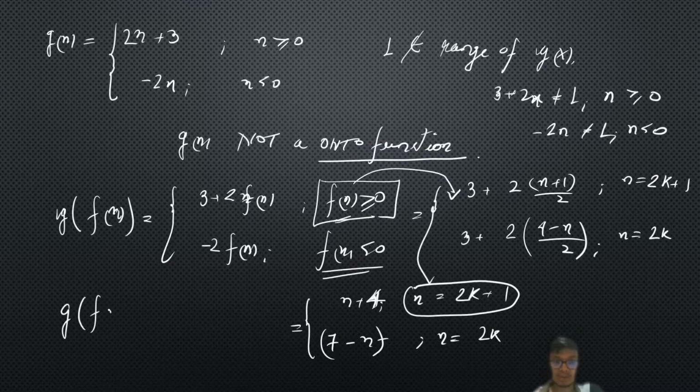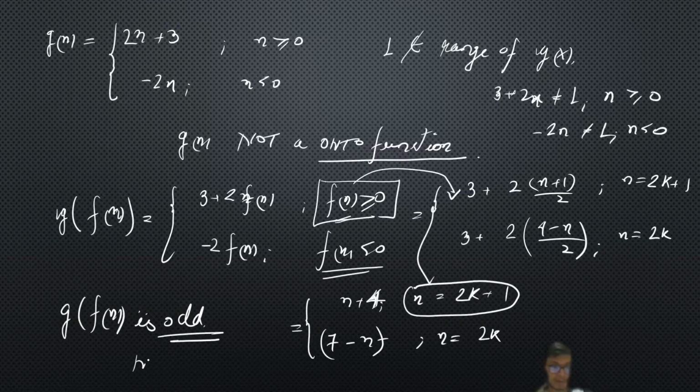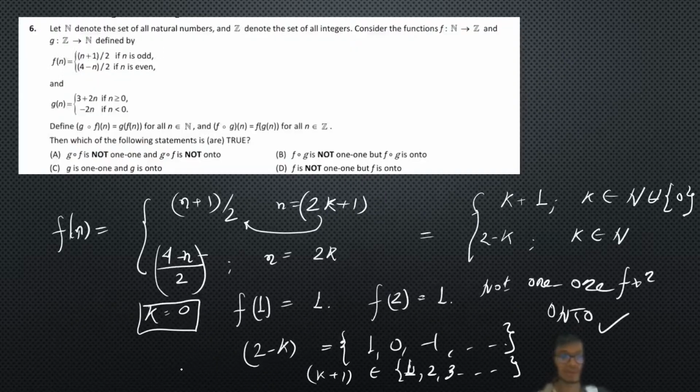So g of f of n is always odd, and it is not an onto function. So if you look at the option, g of f of n is not onto. Let's try to understand whether it is 1-1 or not.